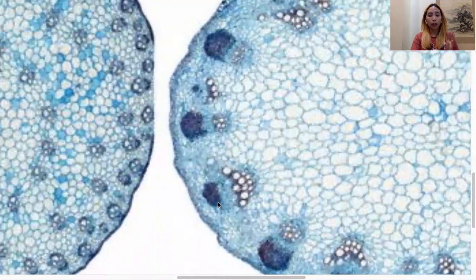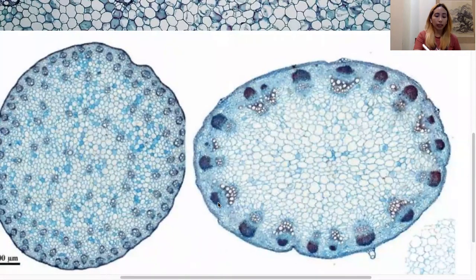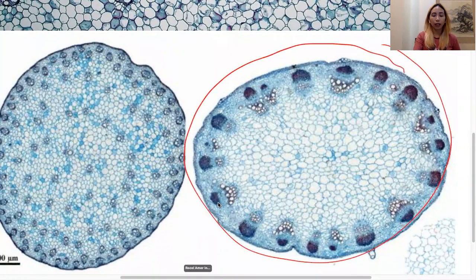So what you have to remember is, if you have the stem, okay, the procambium will be these sheets. So mga mukhang malalabong area na to, those are the procambium, right? So strips sila, di ba? Sinabi ko kanina, strips sila. So yung mga procambium na yan, it will always give rise to xylem inside, phloem outside.